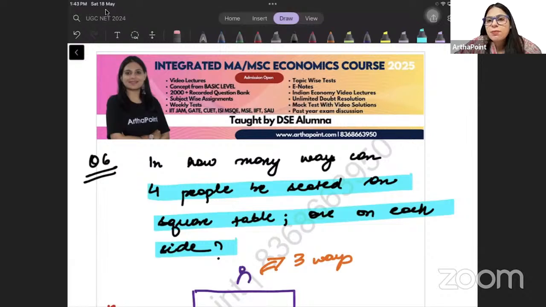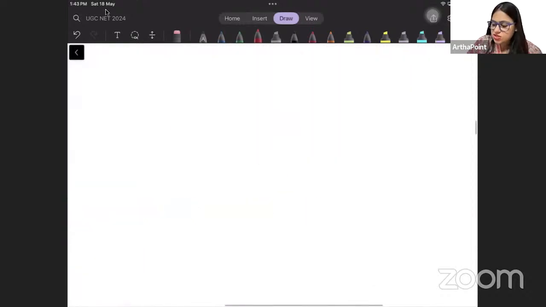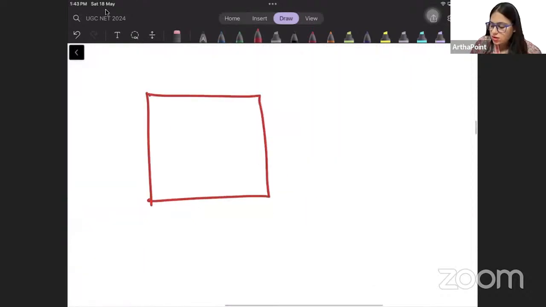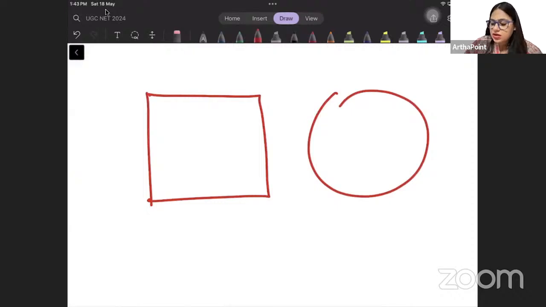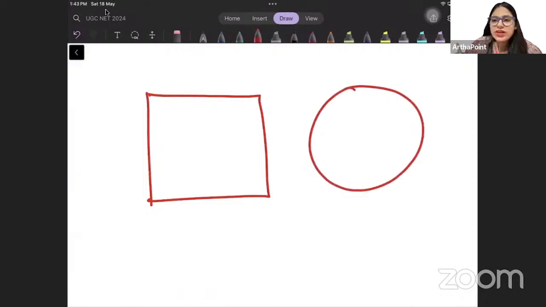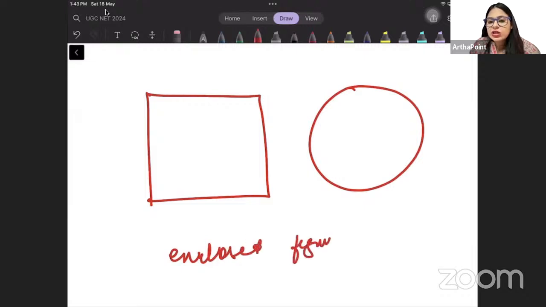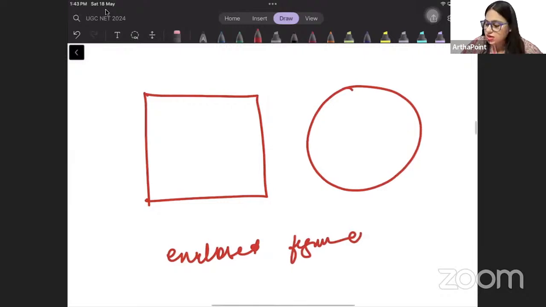Whenever we talk about a square or a circle, any enclosed figure, for any enclosed figure, we need a point of reference. In a circle, this can be my point of reference.